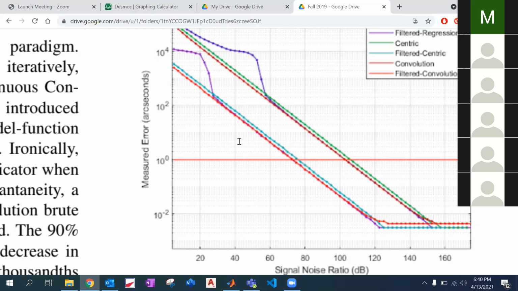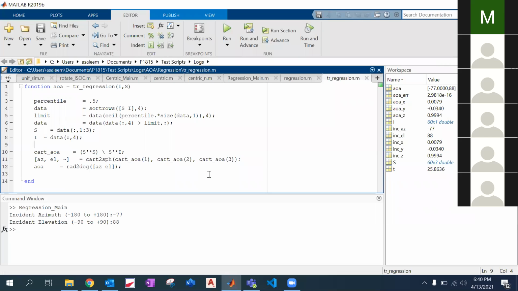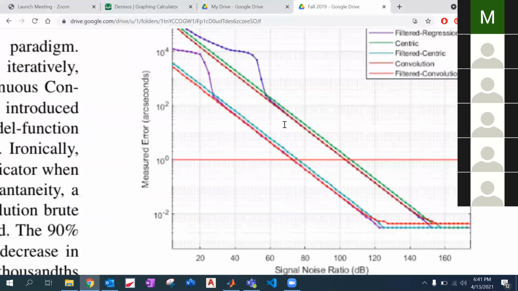Sorry, just to cut in really fast, I actually had a question about these results. Where do you modify or input the signal to noise ratio? Yeah, I was actually going to get to that. I believe on the Discord, on the Sunday when I uploaded all these files, I said that I do have code that generates these plots and the polar plots.